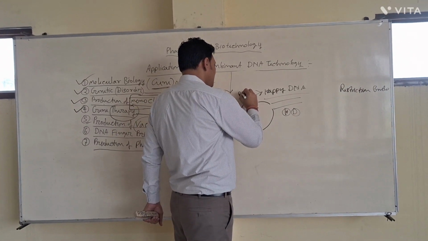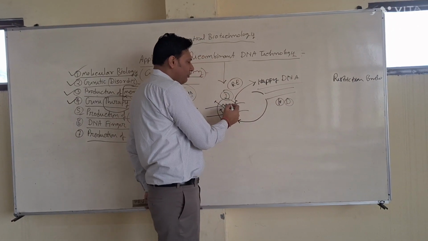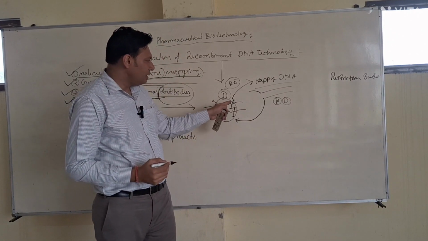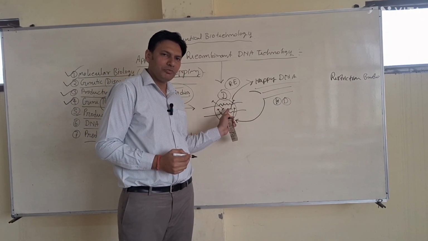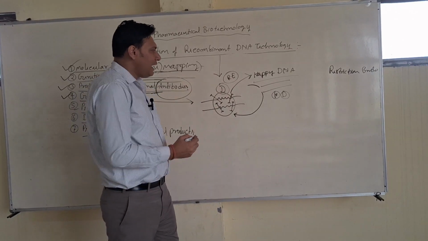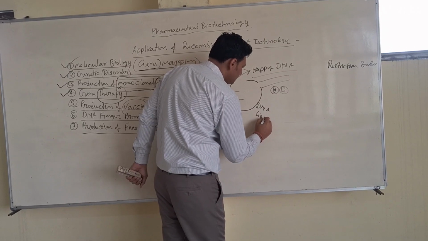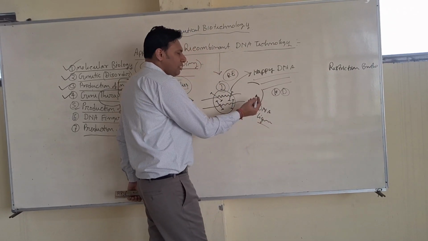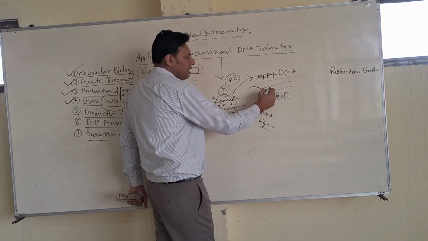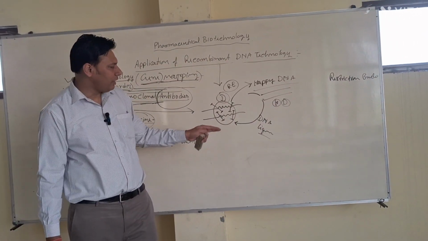See, restriction endonuclease will work when we are going to cut our faulty portion from the DNA. We will use restriction endonuclease, and DNA ligase we will use when this healthy DNA is going to attach into the faulty DNA.